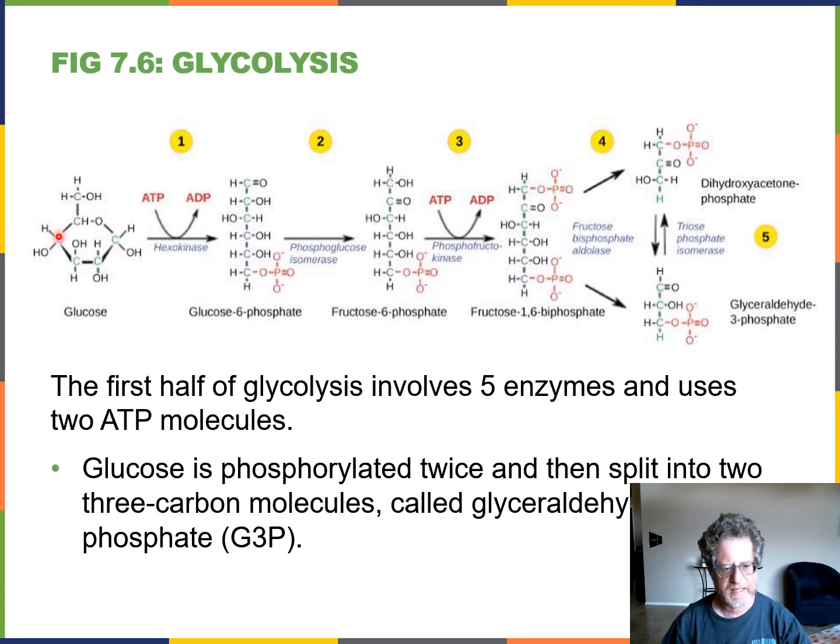It's powering an endergonic reaction. Later on, we'll see that ATP is generated from ADP by exergonic reactions. You can see the last step, the 6-carbon molecule, is split up into 2 3-carbon compounds, and that's where the pathway gets its name, glucose breaking.